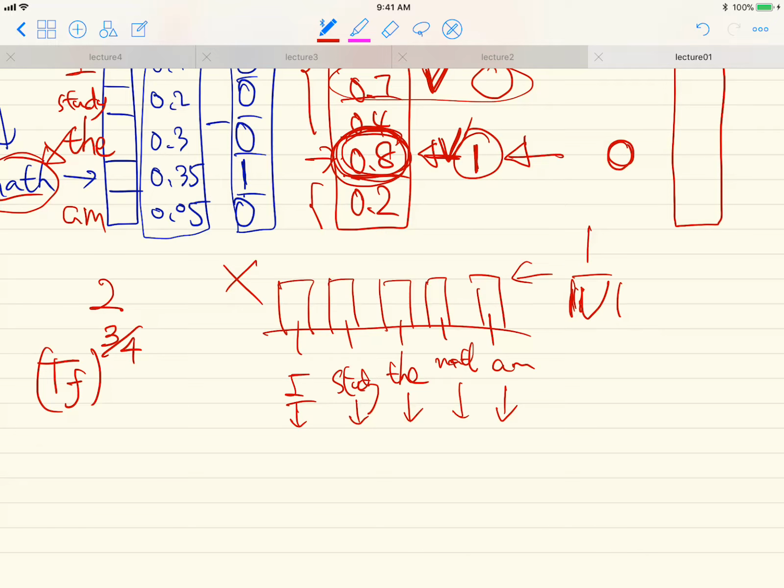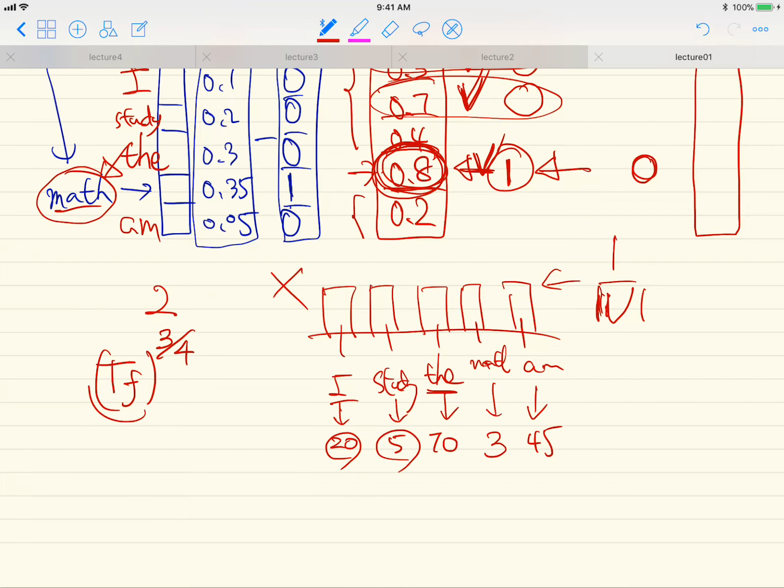Suppose I appeared maybe 20 times, and study 5 times, and the is quite often found, so it was found 70 times, and then maybe 3 times, and maybe it was 45 times. So we can think of this term frequency of each word in our entire corpus, right? Okay, so that is corresponding to this TF. What I meant was term frequency in our entire corpus.